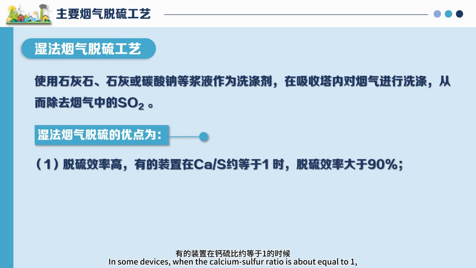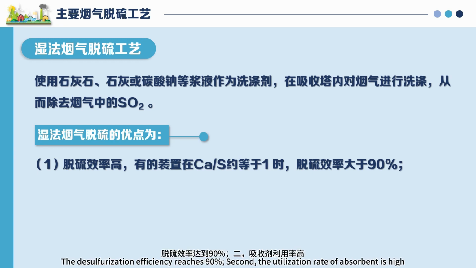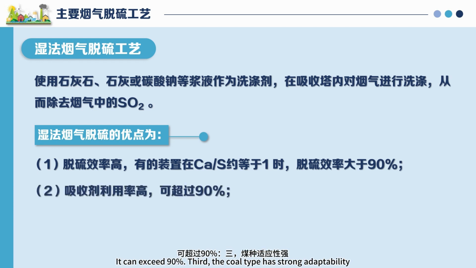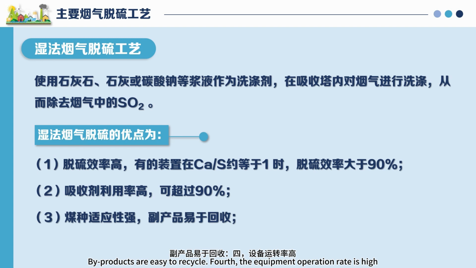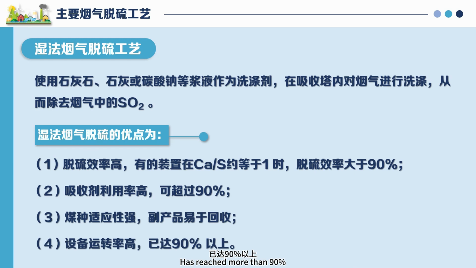In some devices, when the calcium-sulfur ratio is about equal to 1, the desulfurization efficiency reaches 90%. Second, the utilization rate of absorbent is high, and can exceed 90%. Third, the coal type has strong adaptability, and byproducts are easy to recycle. Fourth, the equipment operation rate is high, reaching more than 90%.